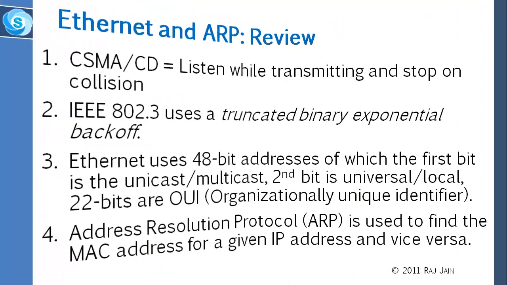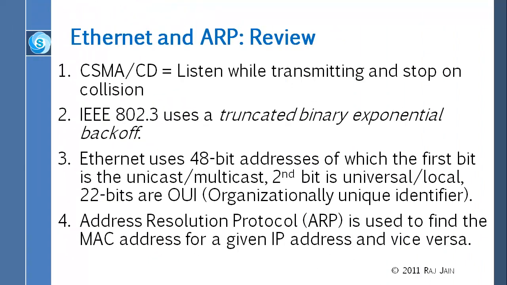All right. That brings us to the end of Ethernet and ARP. So these are the four key conclusions. First is CSMA/CD. Carrier sense means listen. Multiple access means share. And CD means listen while transmitting, and stop on collision.